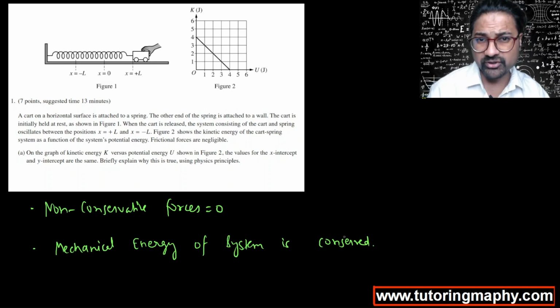So it makes absolute sense that when the kinetic energy was 4, and can you remind me when is the kinetic energy maximum? Is that at extreme mass or is that at equilibrium?